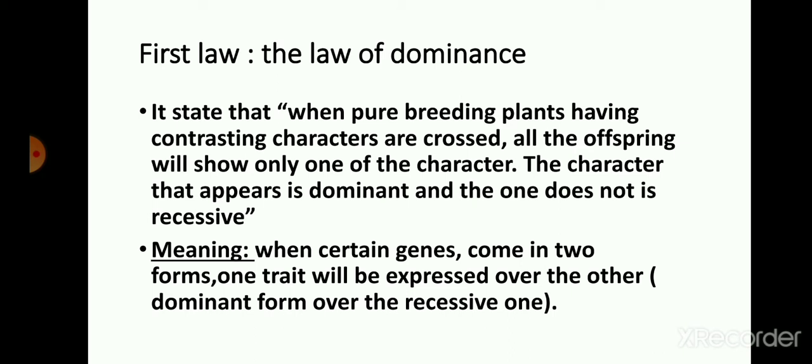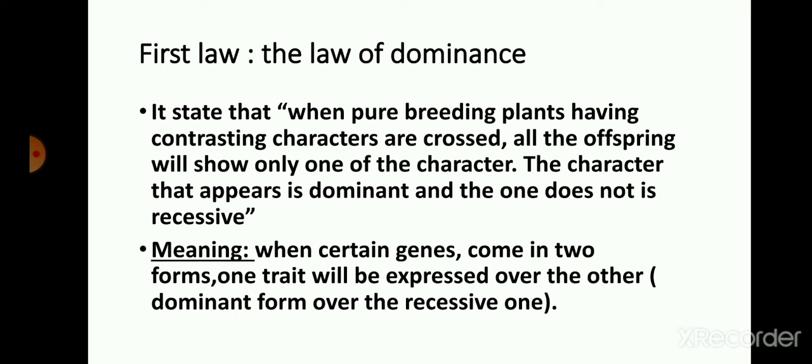So in this we can say that there are factors, one having the dominant character and one having the recessive character. The dominant allele suppresses the characteristics of the recessive allele, so that it does not appear in the first generation.